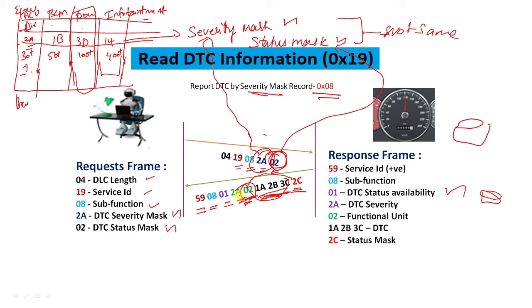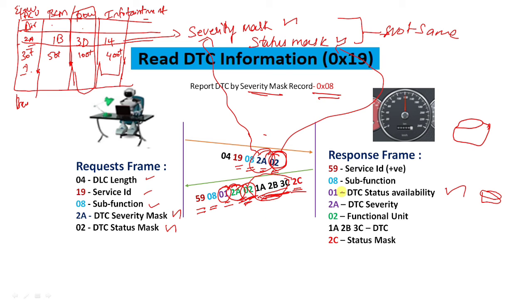All right, now 01 is the status availability. Here 2A is the DTC severity, that also you are fetching. And here 02 is a functional unit. In this functional unit also we have fetched, as we are using the functional unit. This has been saved in the functional unit. You will know you're not getting the format identifier here.